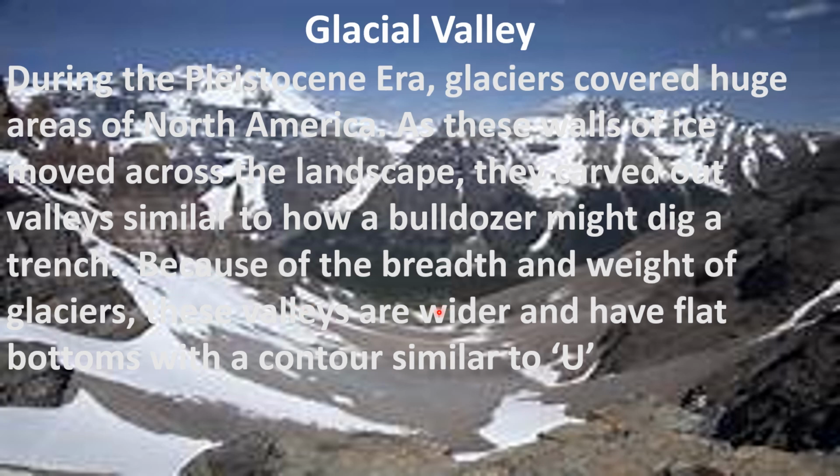Because of the breadth and the weight of the glacier, the valleys are wider and have flat bottoms with a contour similar to a U shape. Contours are the imaginary lines which join the places having the same height above the mean sea level. So here this resembles a U-shaped valley. These are known as glacial valleys.